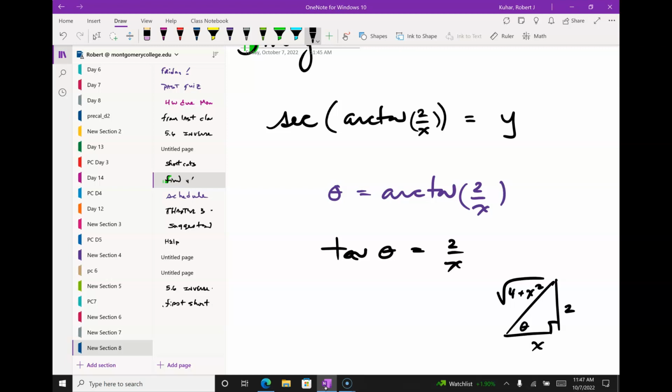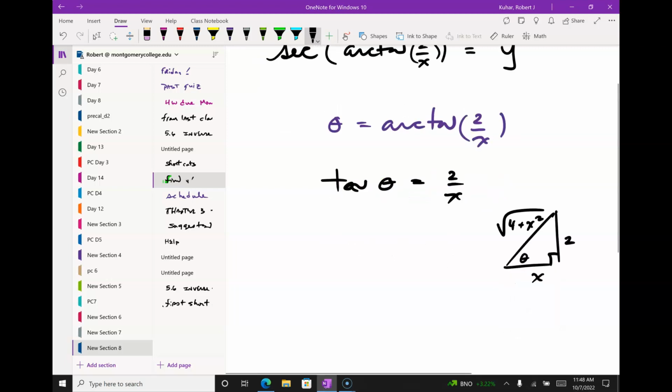Right? a squared plus b squared equals c squared. Good. Now I'm ready for the problem. Are we okay with the triangle? Nice. Okay, good.